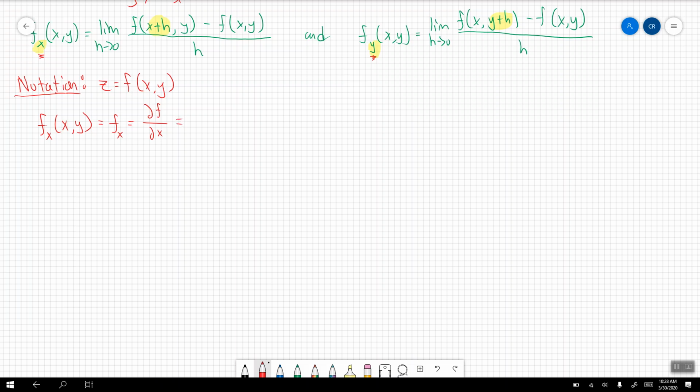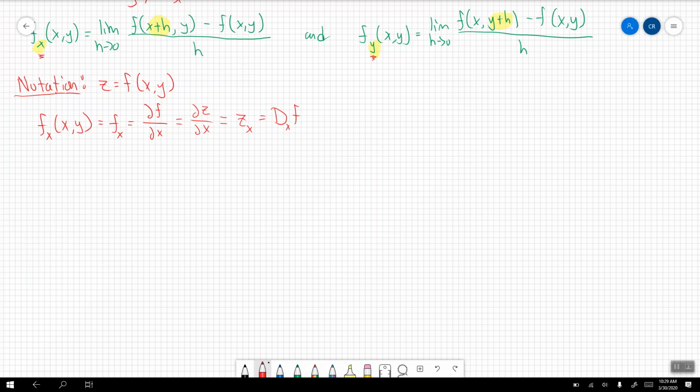Which means here we could be looking at the partial of z with respect to x. This could be denoted as z sub x, or derivative sub x using the function f.